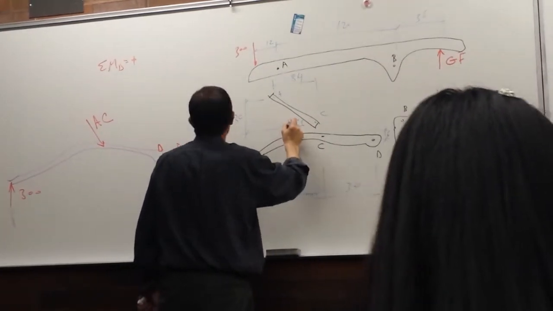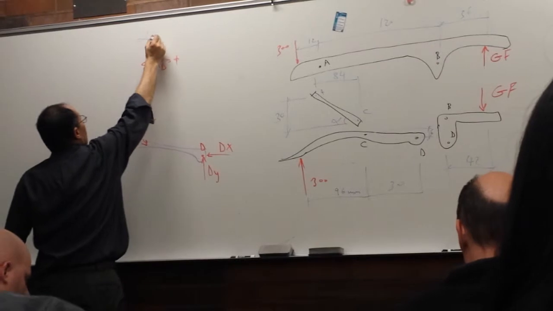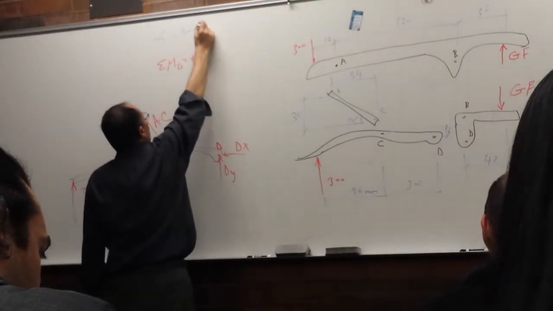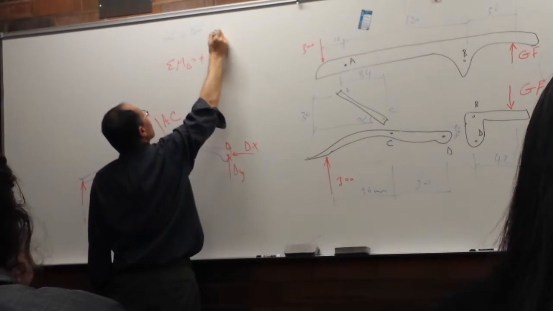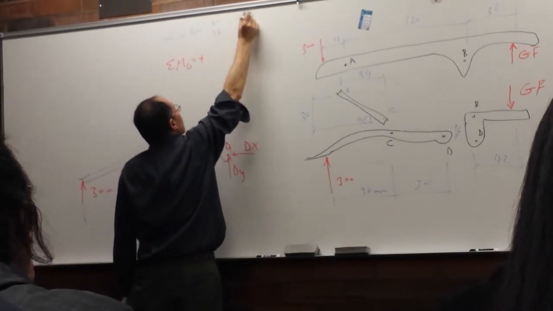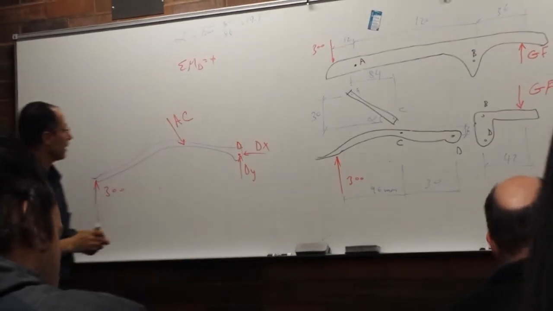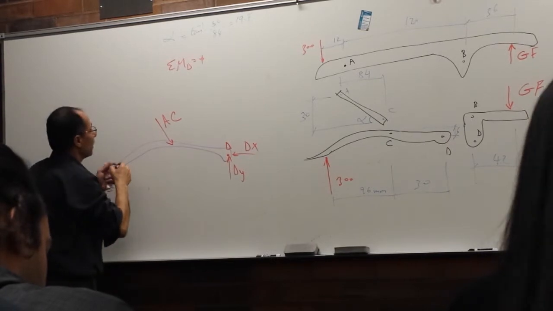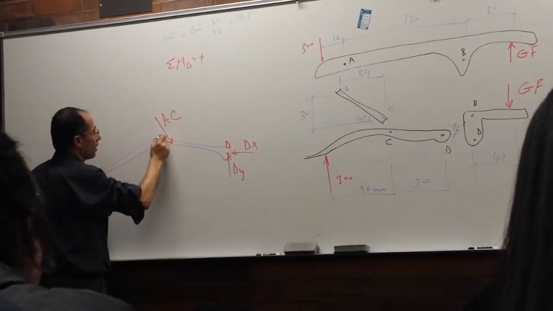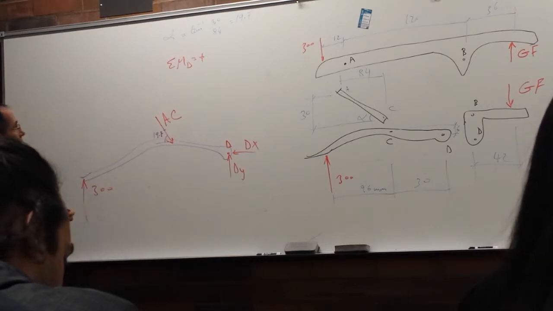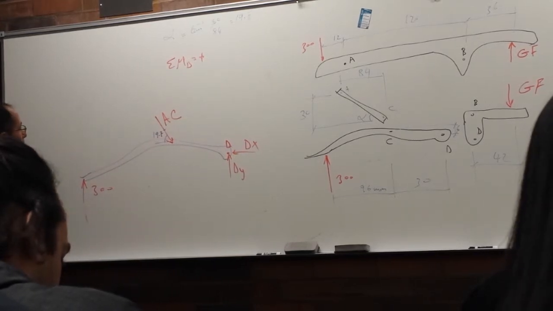Then this here alpha, 30 over 84, 19.7 degrees. This 19.7 is right in here, from horizontal line. So, let's write down sum of moments.